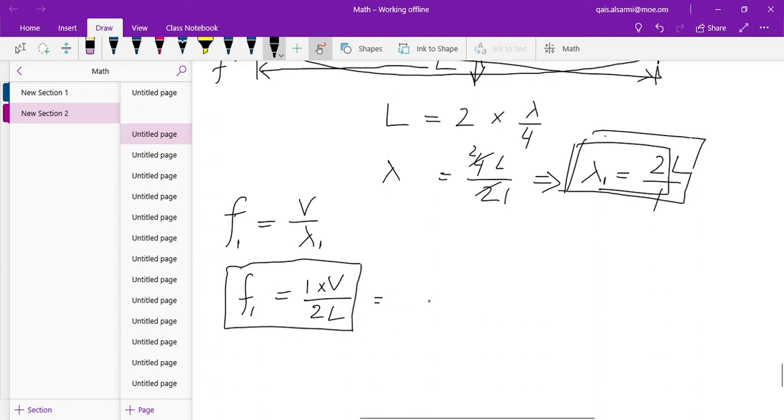So for example, if you put the values for the velocity, whatever the velocity is, and the length of the string, I just assume here the answer is 4 Hertz.